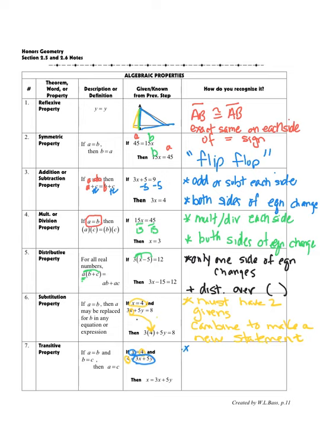So once again, for this one, we must have two givens. And we must have one side of the equation, one side in each equation must match the other.